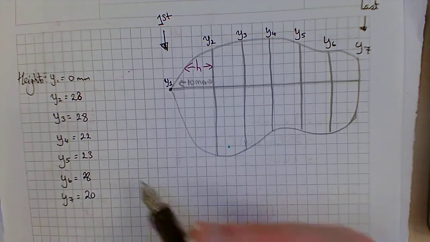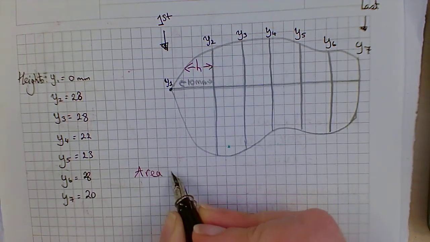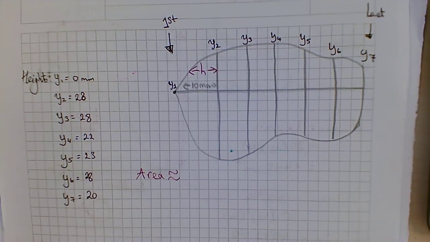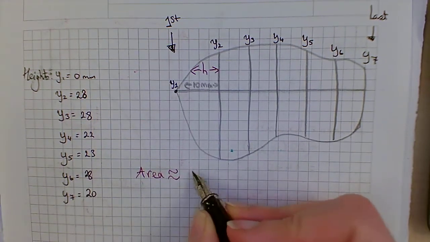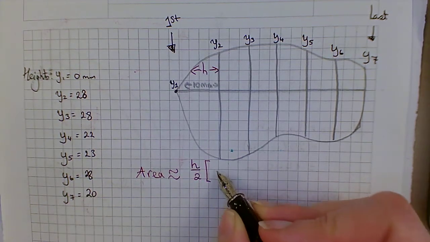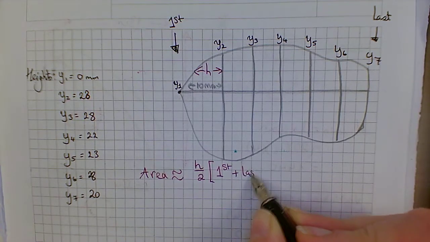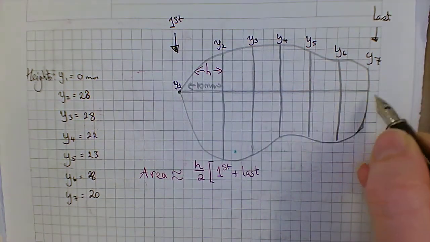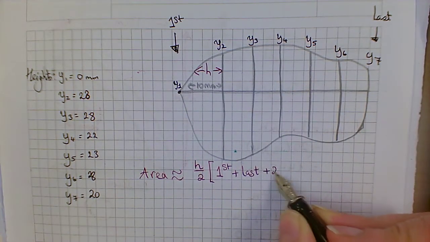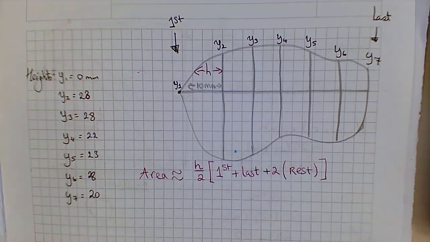Then the trapezoidal rule allows us to approximate the area, and we've got a long looking formula in the log tables, but the easiest way to remember it is that it's h over 2, and you add the first and the last vertical heights, and then you add up all of the rest of them and multiply it by 2.